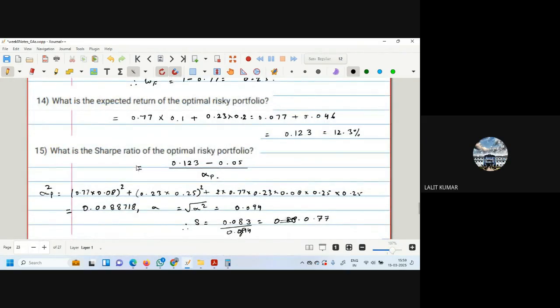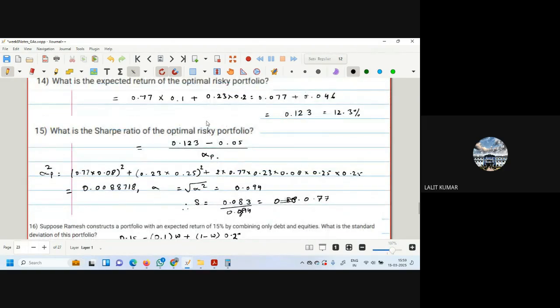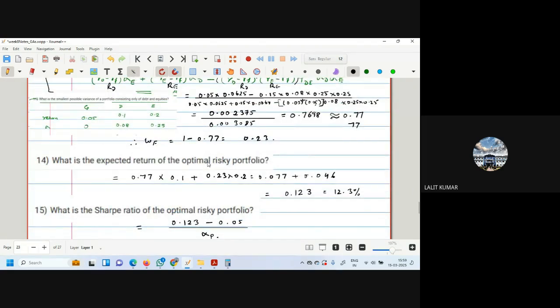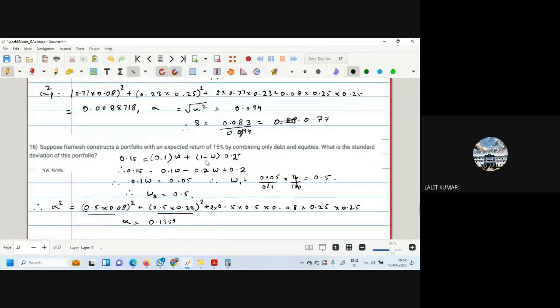Okay. Then we have to find the Sharpe ratio of the optimal risky portfolio. So it is straight away expected return minus RF, it has been given, and the standard deviation of the portfolio. Okay, so we have got this. Now suppose Ramesh constructs a portfolio with an expected return of 15% by combining only debt and equities. So it is very easy.